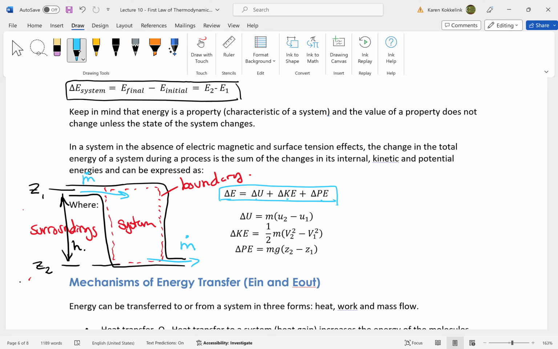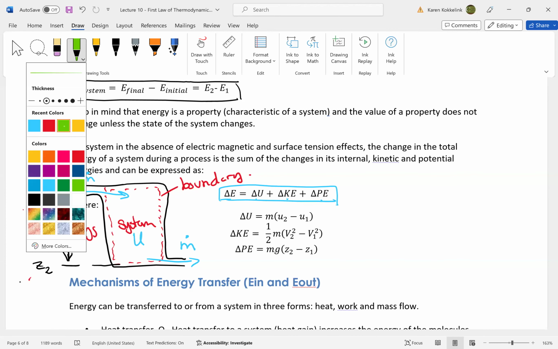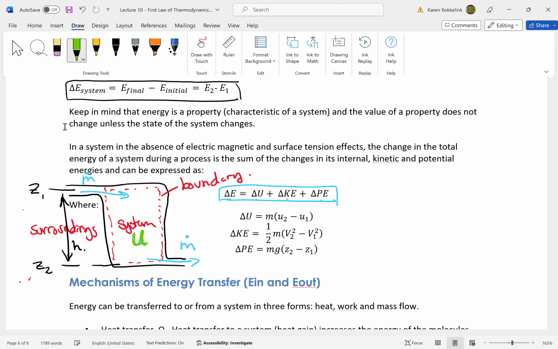Well, this system already had some internal energy. So the change in internal energy is going to be the mass flow rate times U2 minus U1.